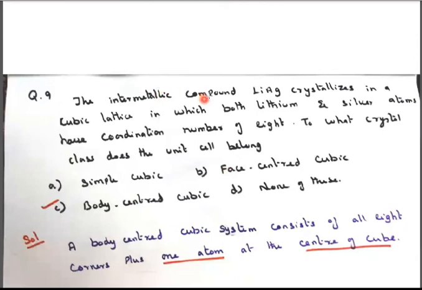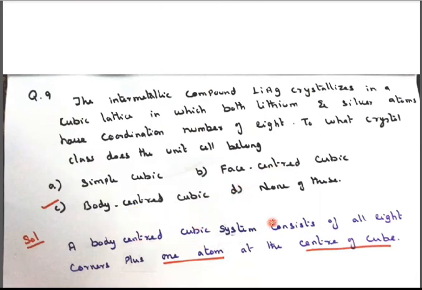The intermetallic compound of lithium silver crystallizes in a cubic lattice in which both lithium and silver atoms have coordination number of 8. To what crystal class does the unit cell belong? Whether simple cubic, face-centered cubic, body-centered cubic, or none of the above.